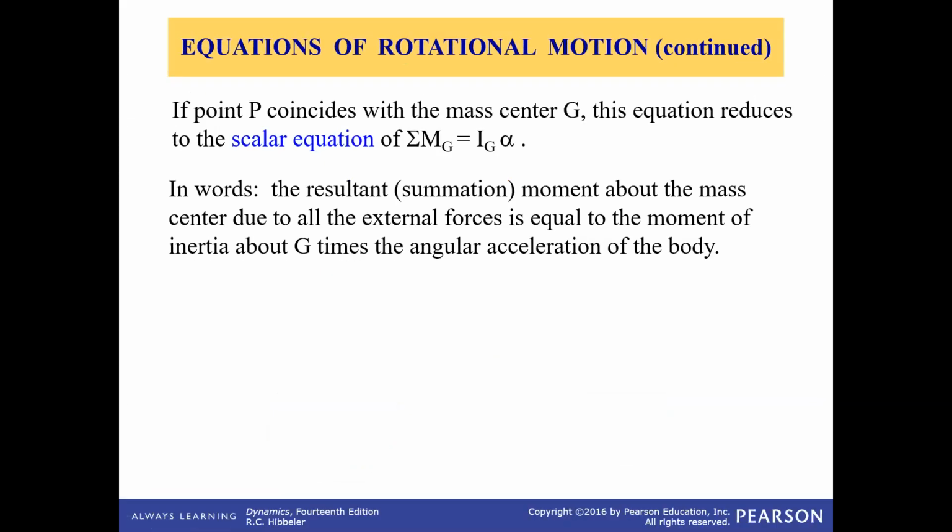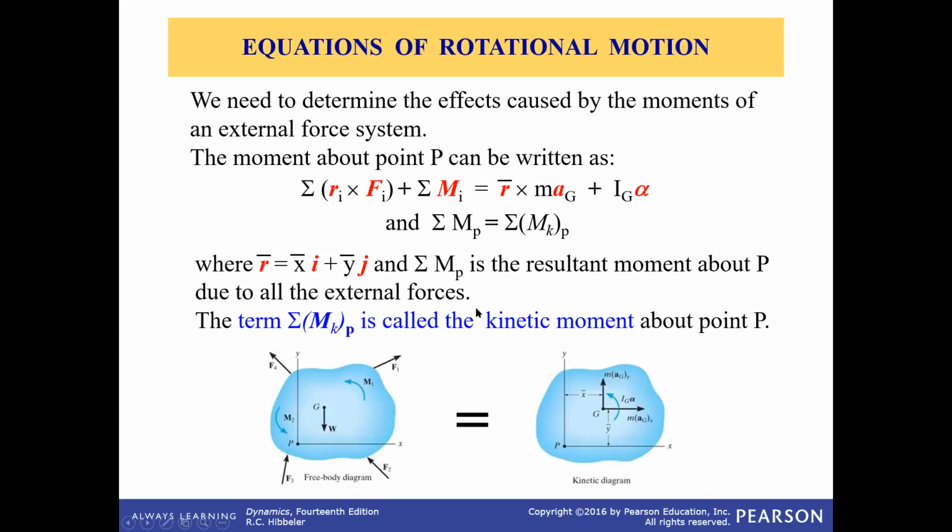Now, in the case where point P, the point where the axis of rotation is going through, coincides with the mass center, then the equation reduces to: the summation of all the moments should be equal to the moment of inertia about an axis going through the center of mass times alpha, the angular acceleration.